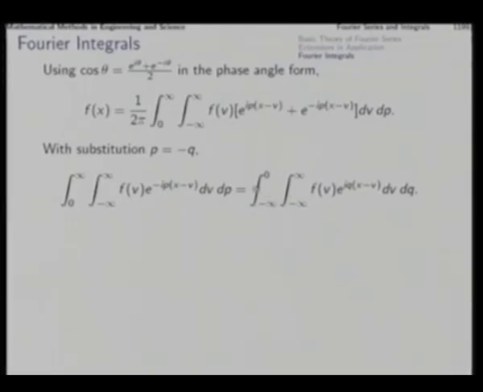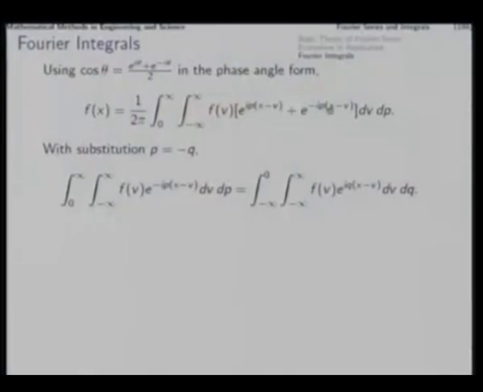So, now if we recognize that the integral of this term f(v) into this turns out to be actually the integral of the same thing over minus infinity to 0, then the addition of these two terms is the addition of an integral from minus infinity to 0 and then from 0 to infinity.